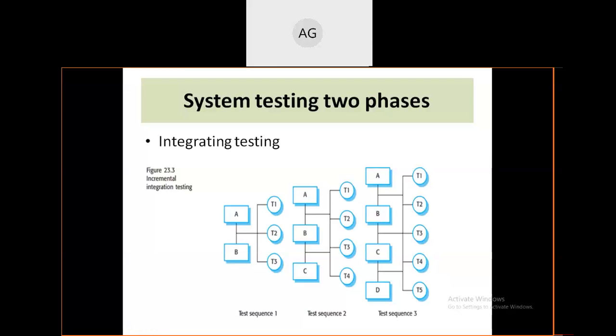The first time we run the system, it composes the components. T1, T2, T3 are the sets. Running the system first and composing the component is nothing but A here.